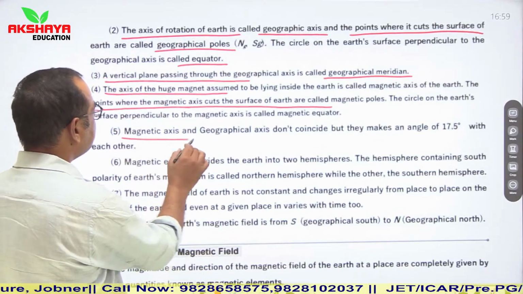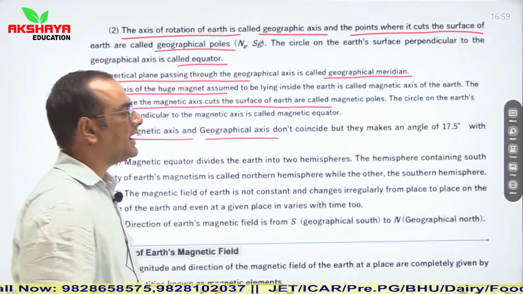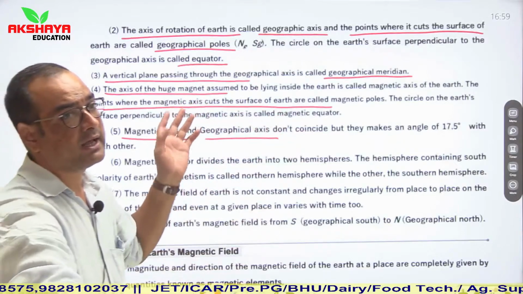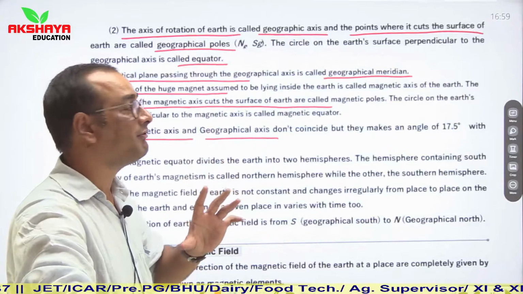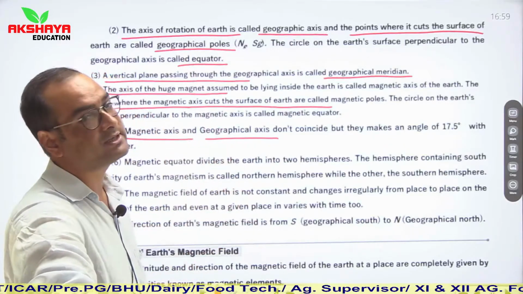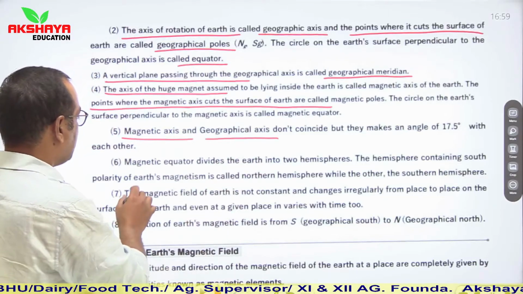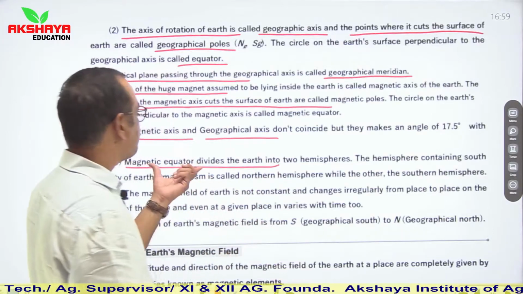The magnetic axis and geographical axis don't coincide, but they make an angle of 17.5 degrees. Always keep in mind that there is an angle of almost 17.5 degrees between the geographical axis and the magnetic axis. They do not coincide. The magnetic equator divides the earth into two hemispheres.